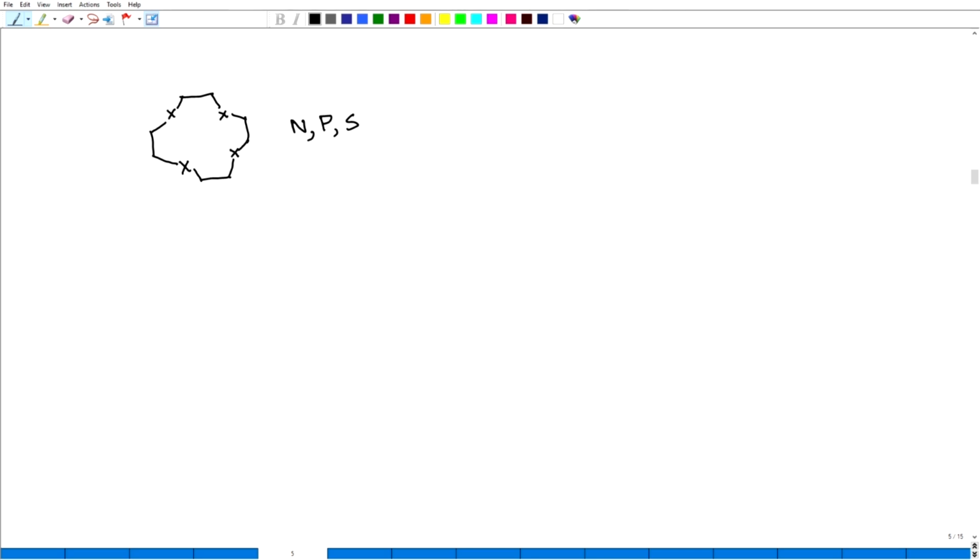Now, which metal will they bind? Suppose this one, which metal will this bind? If all four X are oxygen, it will bind an alkali metal. Let me draw this ether.